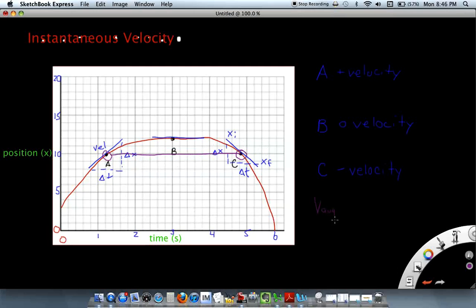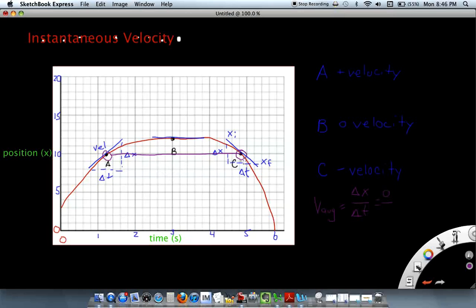Velocity average. That's just change in position over change in time. Even though the object has moved its displacement and it has come back, notice that its change in position from A to B is zero.